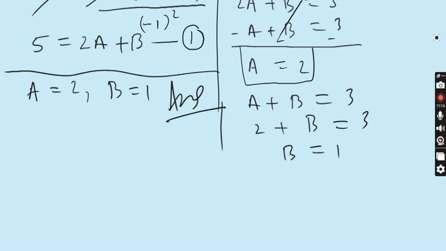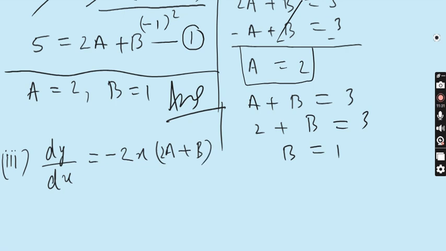How? Just write the derivative dy/dx, which we found in part number 1, is equal to negative 2x(2a + b) upon (x² - 2) whole squared.